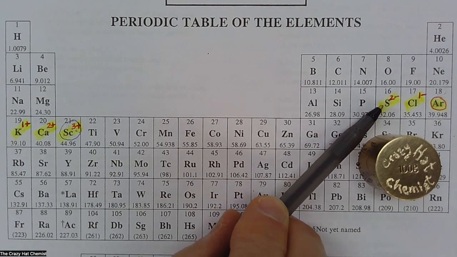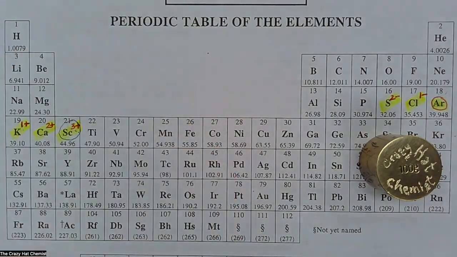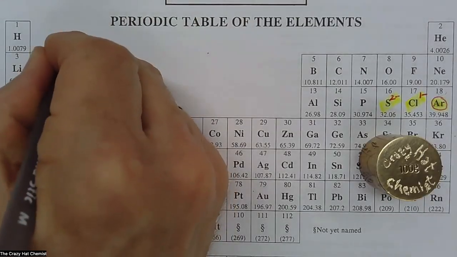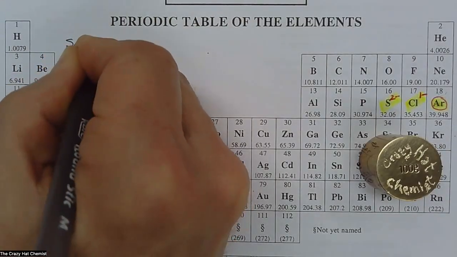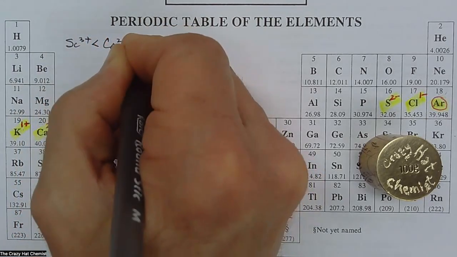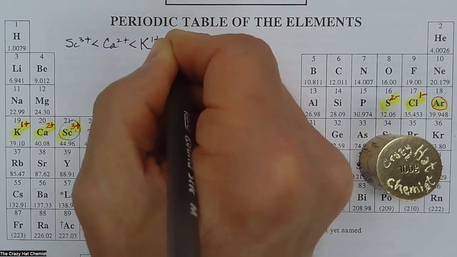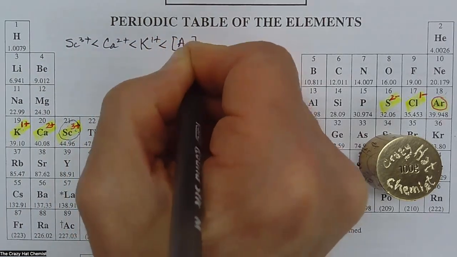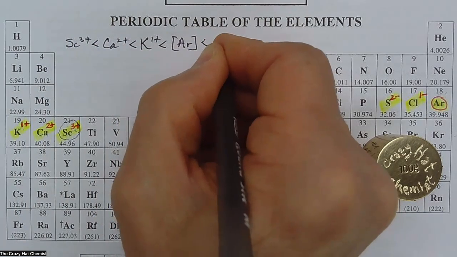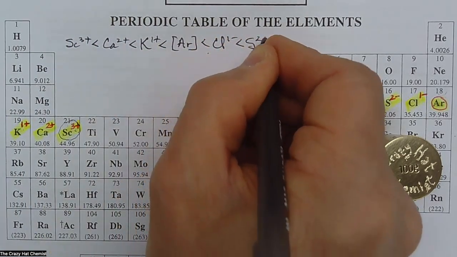We're supposed to write this in order of increasing size, so the smallest size first. That's the scandium ion, then calcium ion, then potassium ion, and then I'm going to put argon in here as a comparison, then the chloride ion, and then the sulfide ion.